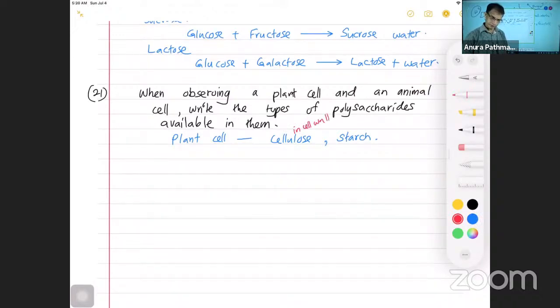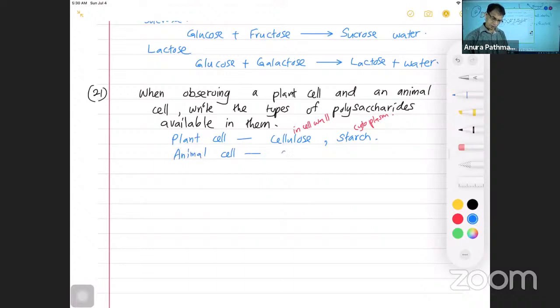The starch, in the cytoplasm. And what about the animal cell? Glycogen.